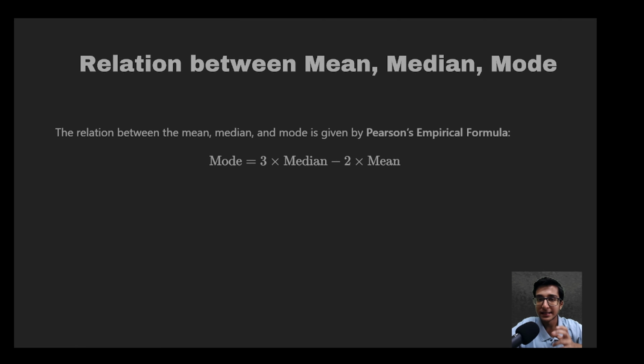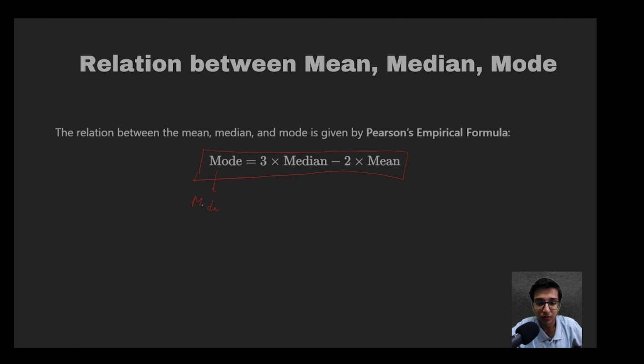Now there is a certain relationship, of course, since all these three are central tendencies. So there would be existing a relationship between all these three. And this is the formula. There was a scientist named Pearson who found out this relation. Mode is equal to 3 median minus 2 mean. So generally we represent mode by writing mode, simply mode.